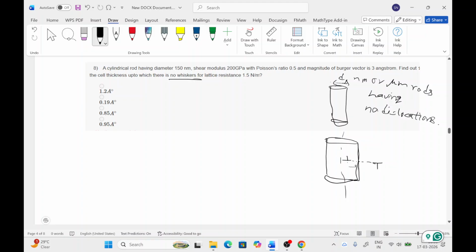So this is x direction and this is also x direction. So both dislocations are at the same distance from the surface and they are of opposite sign. Because we discussed the interaction between dislocations, the dislocation which is outside attracts the dislocation inside and it will come and annihilate at the surface of this material.